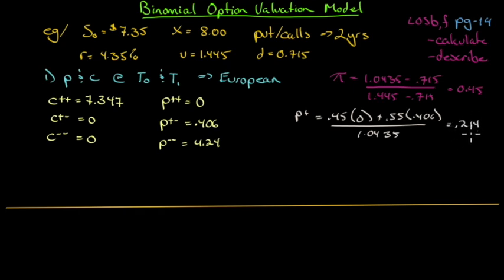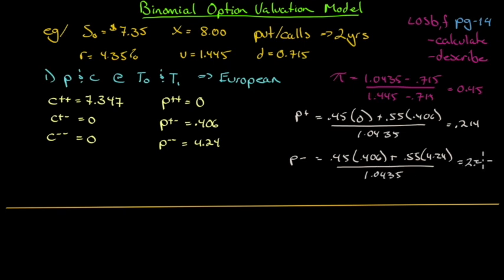So P plus is 0.214. P minus is going to be 0.45 times 0.406 plus 0.55 times 4.24. And we're going to discount that back 1.0435, and we will get 2.41. So that's P minus.